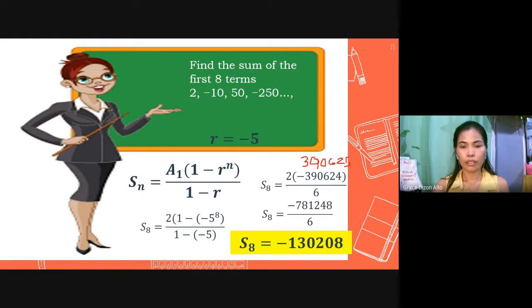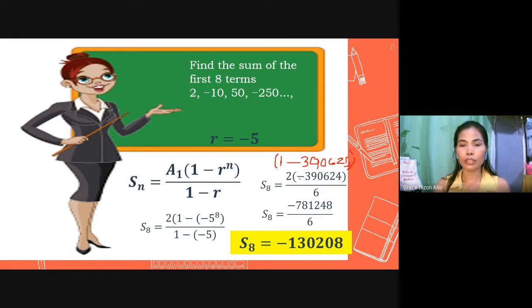Okay, so let's continue. So we have here 1 minus the answer for negative 5 raised to 8, which is positive 390,625. So subtracted from 1, that's negative 390,624, times 2 divided by 6.